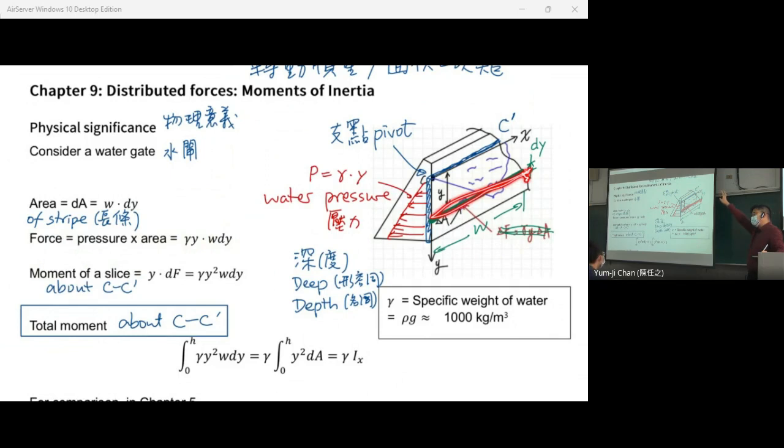It is the moment arm. So this y here is the moment arm, right?